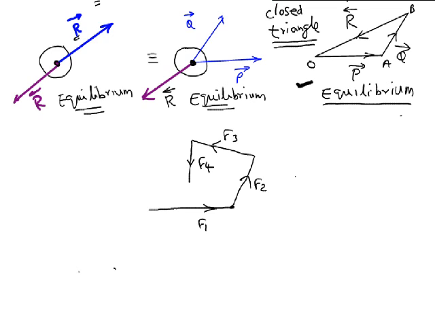From the head of F4 you draw force F5. If all these forces F1, F2, F3, F4, F5 are coplanar and concurrent, and if they form a closed polygon as shown here, then these forces are in equilibrium.